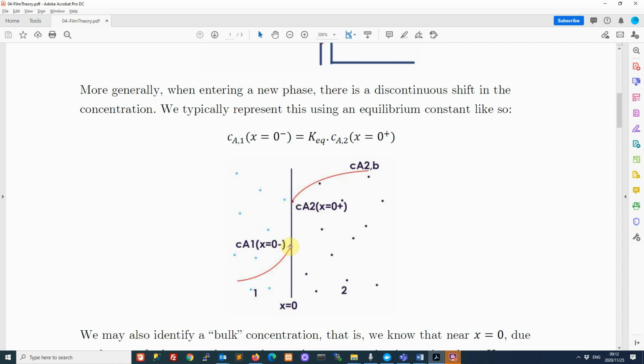So let's say we happen to know the concentration here, then just with the equilibrium constant, we could determine the other concentration. So there exists a discontinuous jump here.